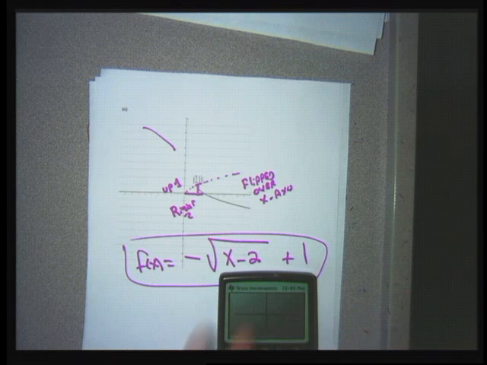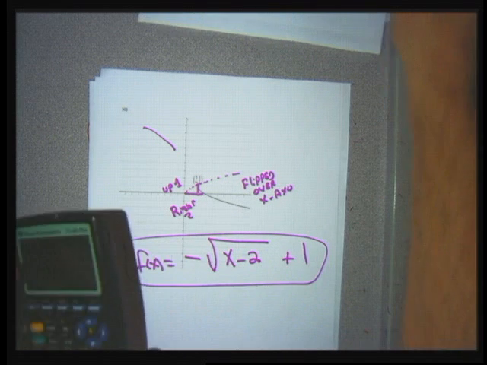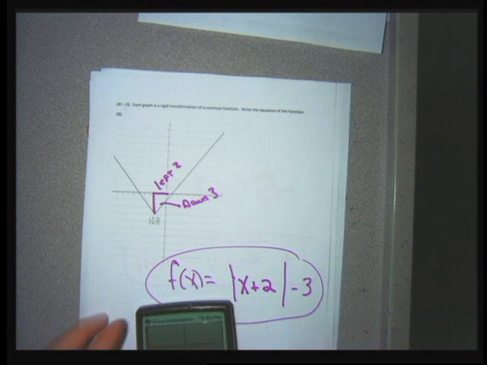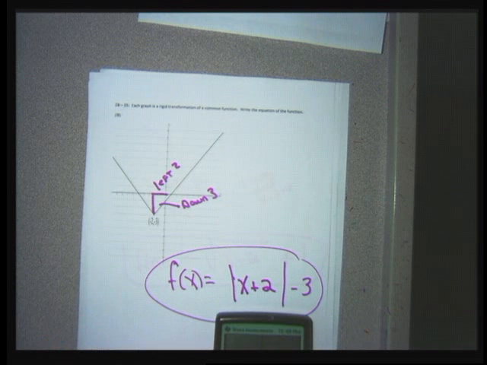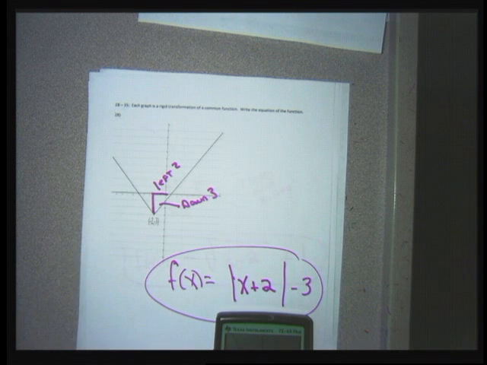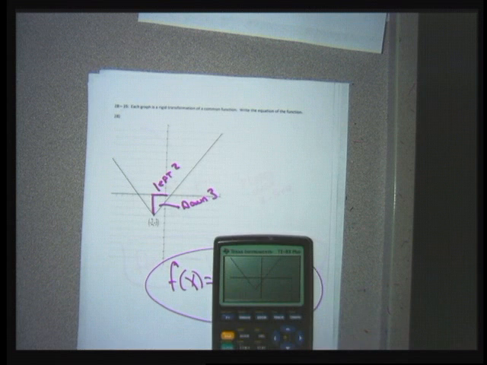Anyways, it's correct. And for that matter, in this last one, I wanted to revisit it. If I graphed this function, the square root of x plus the absolute value of x plus 2, and then minus 3, it should graph just like that, which it did perfectly, but you couldn't see it.